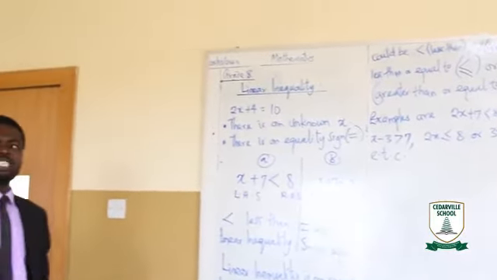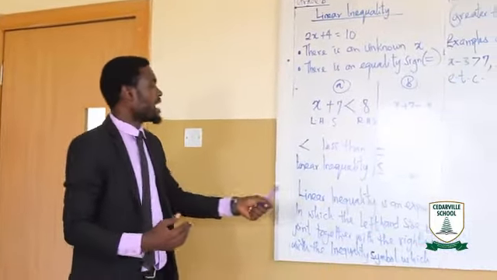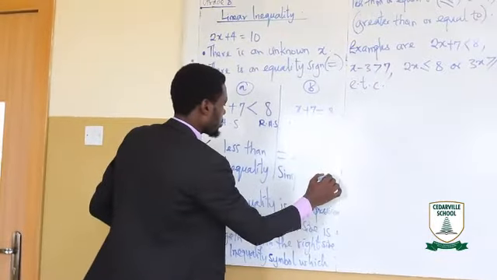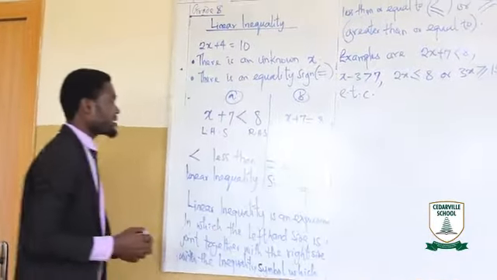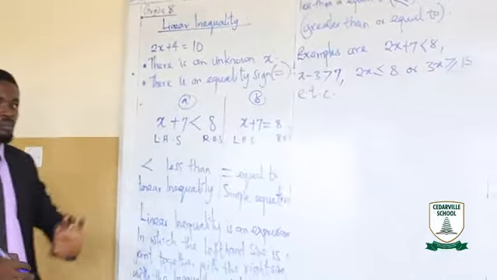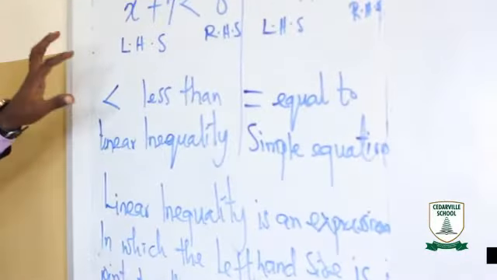You observe that the only difference between the linear inequality and the simple equation is the symbol. In a simple equation we have the equal to symbol, while in the linear inequality we have the inequality symbol.